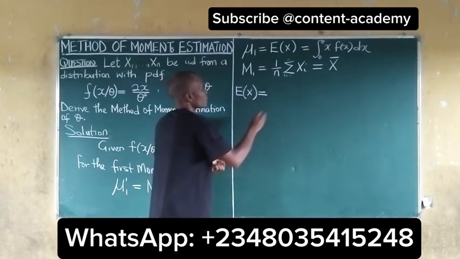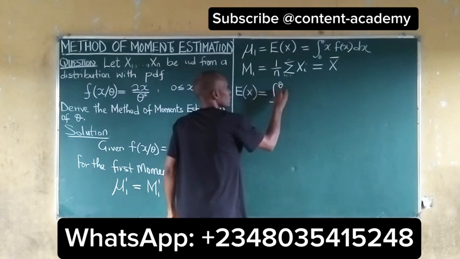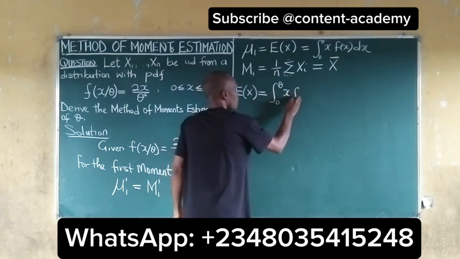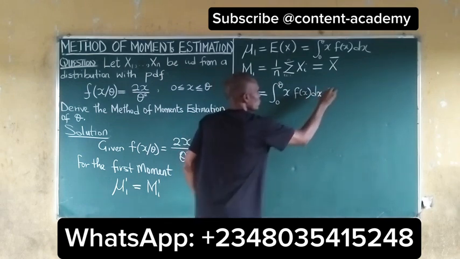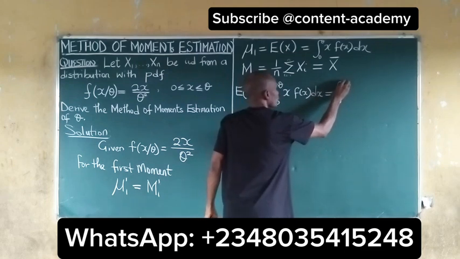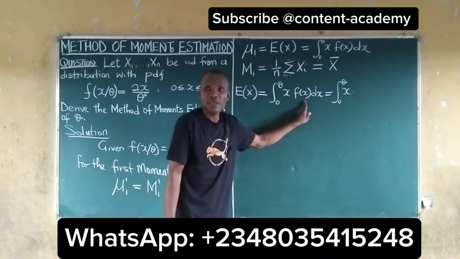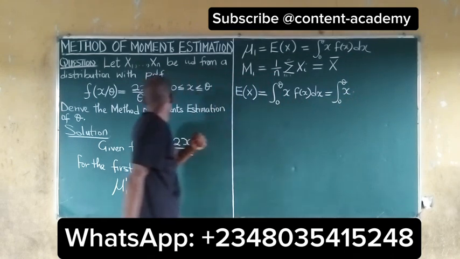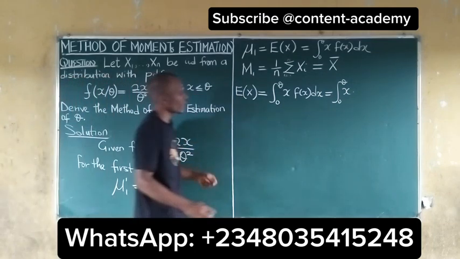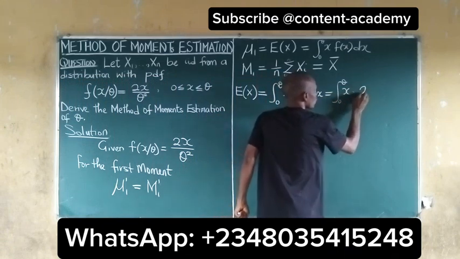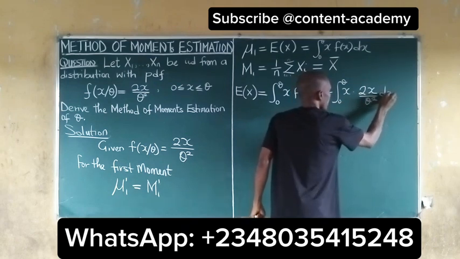The expected value of x is equal to the integral from 0 to theta of x multiplied by the PDF dx, which is the integral from 0 to theta of x multiplied by 2x all over theta squared dx.